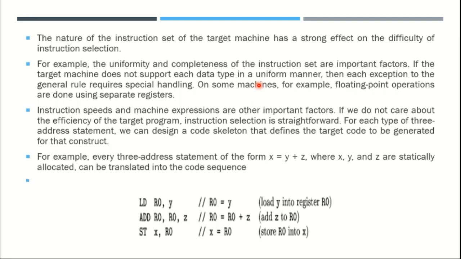To overcome this, for example, one situation is that floating point operations are done using separate registers. That means whenever the instruction set does not treat each and every data type uniformly, we consider such data types as special handling cases.